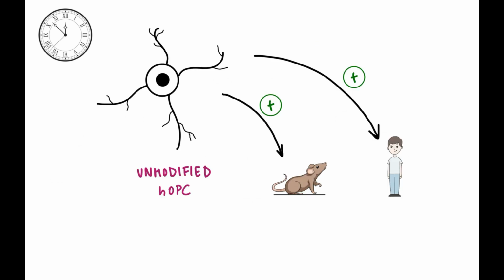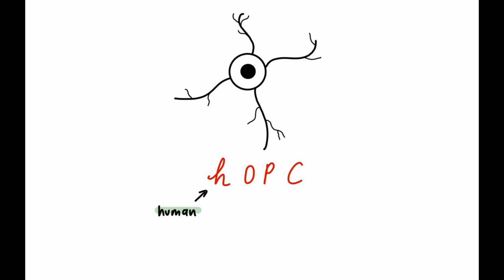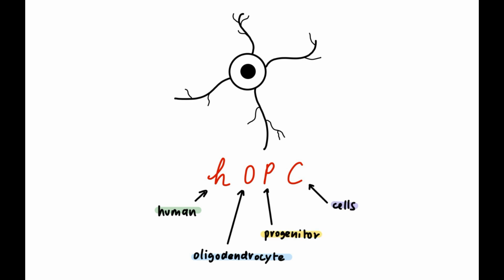So simply adding oligodendrocyte progenitors would not necessarily work in human bodies, or rodents for instance. We will now refer to those progenitor cells as HOPC, for human oligodendrocyte progenitor cells, to simplify the understanding.